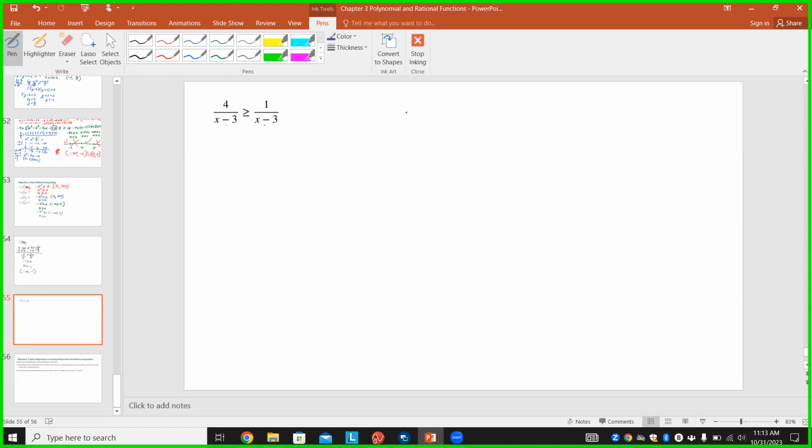I don't know. In my head, I have an idea. But let's work it out like we know it. And then I wonder if it'll work out the same way. Gotcha. This to the left. So that's going to be 4x minus 3, and then greater than or equal to.